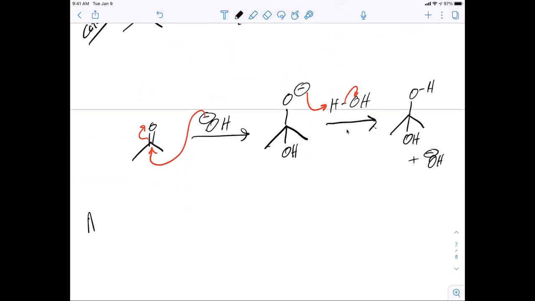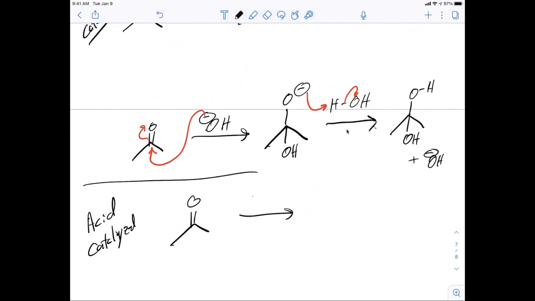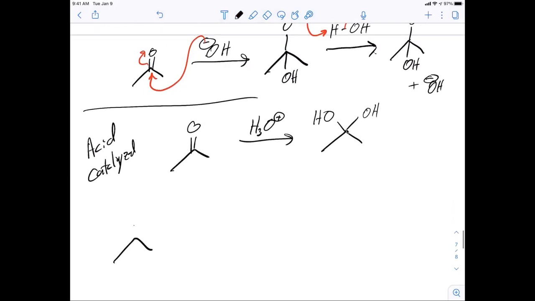We can also do acid catalyzed. And the acid catalyzed, instead of using the base, we'll just use acid and water. And again, same idea on the mechanism. If we got it in acid, the first thing that's going to happen is we're going to protonate our carbonyl. Okay. So the lone pair on the carbonyl are going to pick up the proton, so we get a proton transfer.